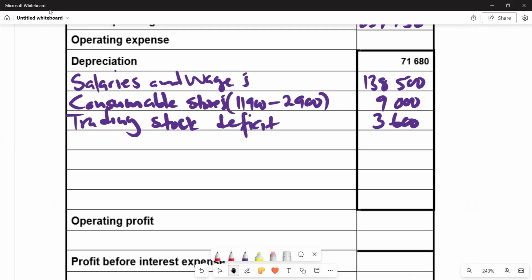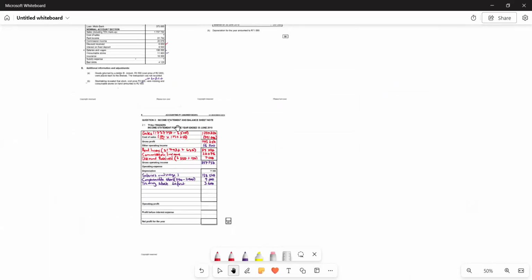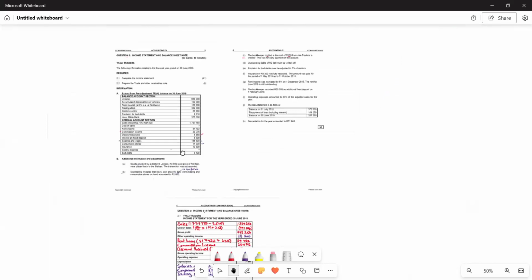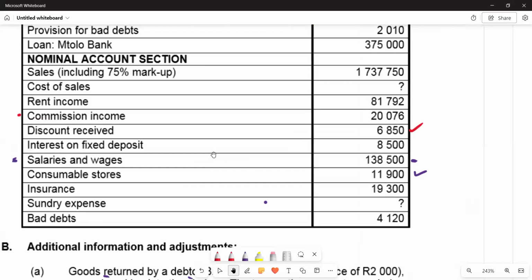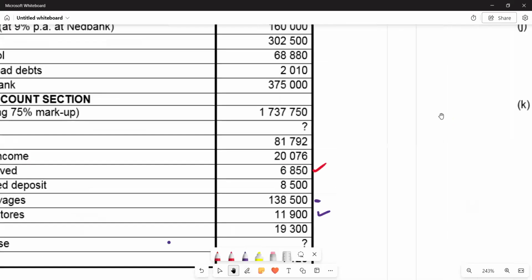So having that, now we can go back to our list of balances and try to see what we have after consumable stores that we can include as an expense. So we identified consumable stores, we are here with insurance, which is 19,300. For insurance, again, we go to the additional information to check anything to do with insurance.